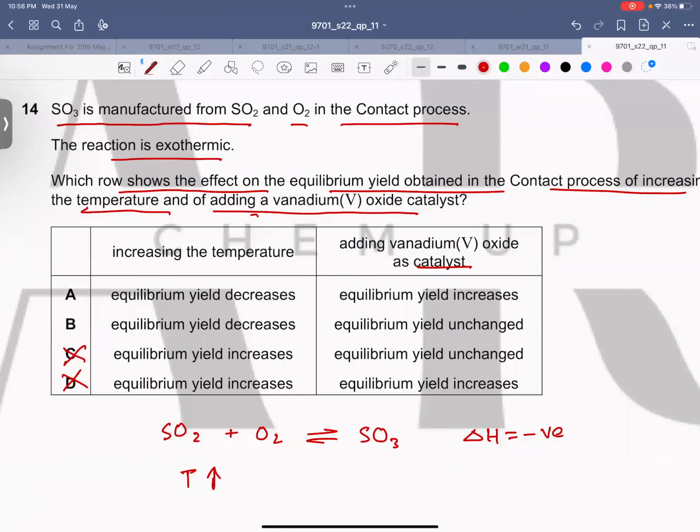It doesn't affect the position of the equilibrium. So here they are saying equilibrium yield increases, which makes this wrong. And B is our correct answer. Yes, very good.